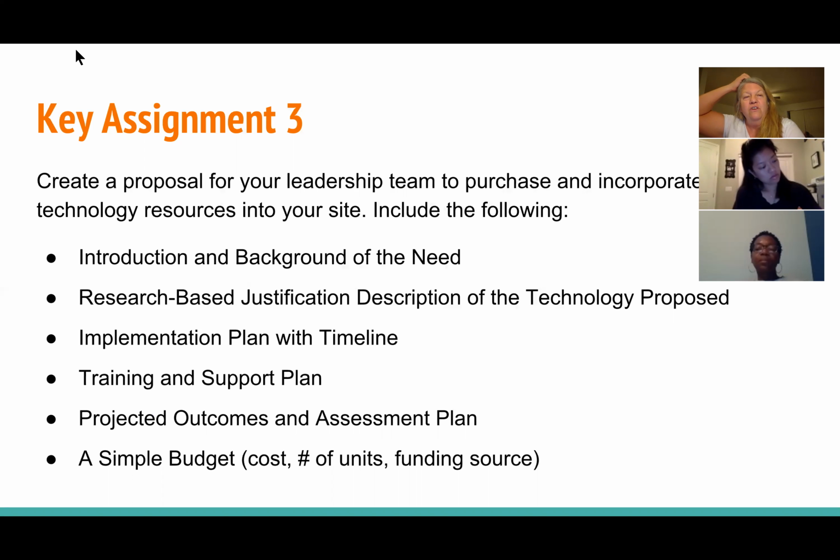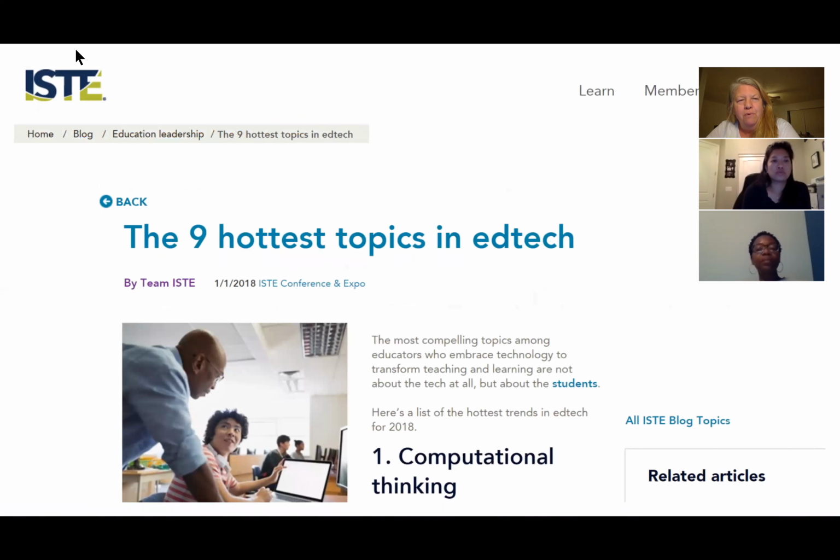So I want you to start thinking about key assignment 3 right now, because you have a couple weeks to think about it, and you can start collecting all this information. Then this one I put in here because it has to do with research. When you research what kinds of technology you want to put in your classroom at your school, this is a site from ISTE. I don't know if you've heard of the ISTE organization.